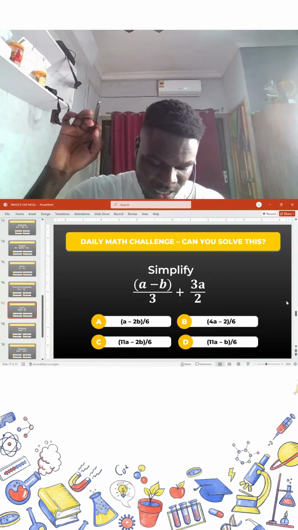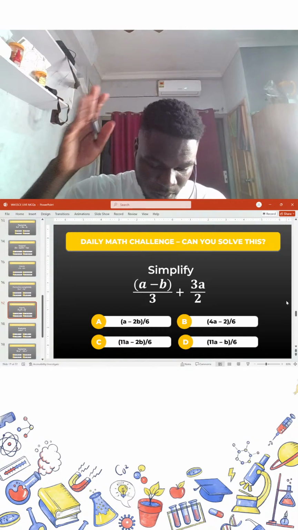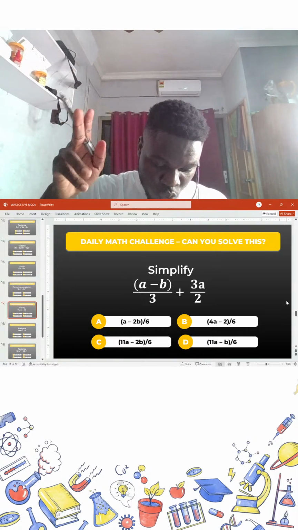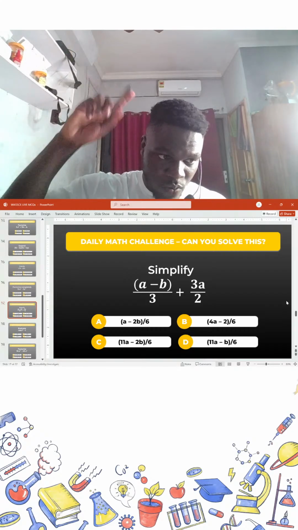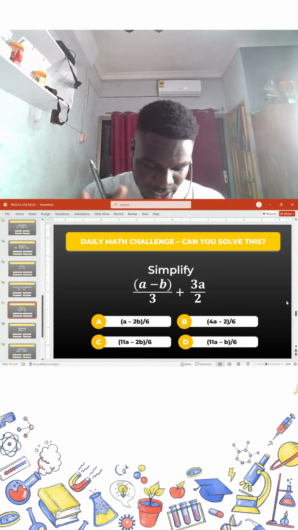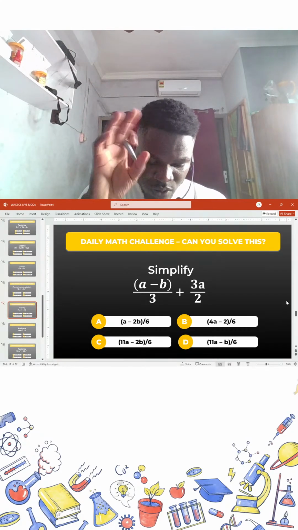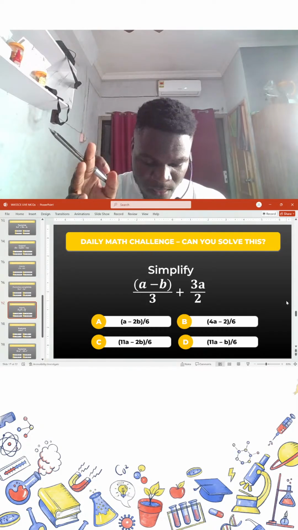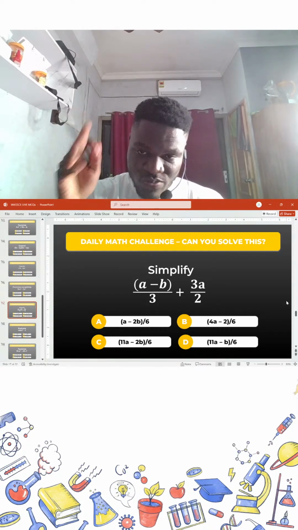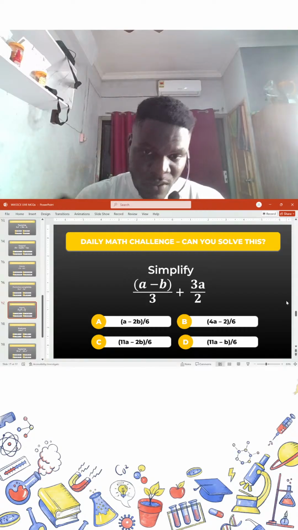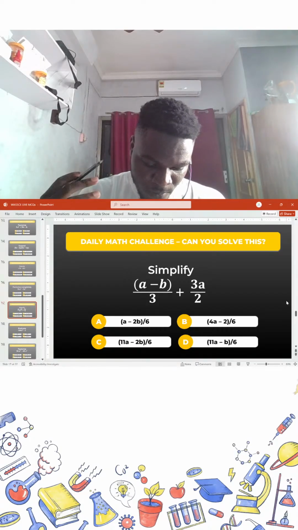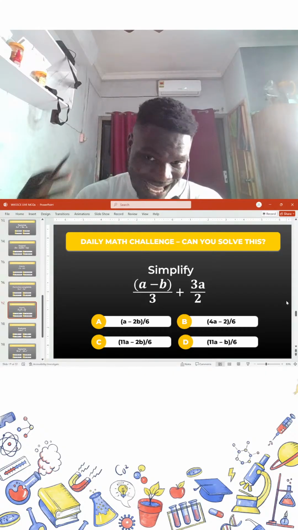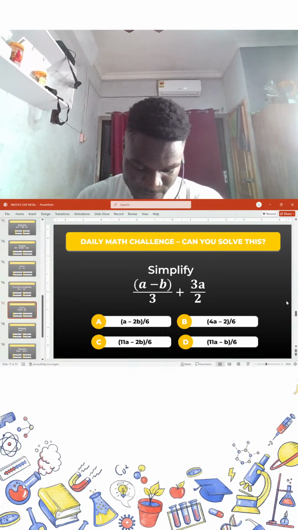So we have 2 into bracket A minus B, plus the 2 will go into 6 three times, and the 3 multiplied by the 3A over there will be at the top. So we have 2(A minus B) plus 3(3A) all over 6. If we expand that bracket, we have 2A minus 2B plus 9A all divided by 6.